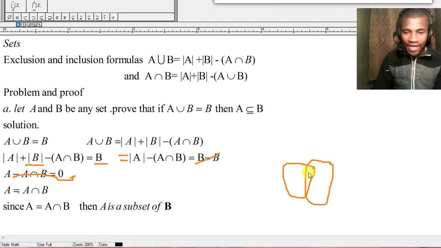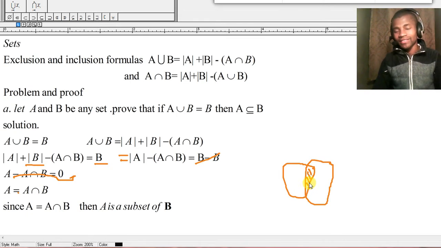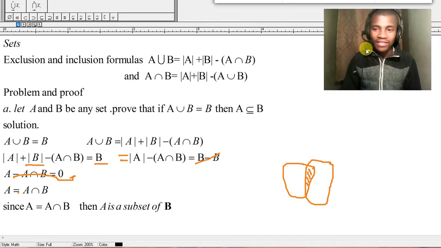So A is equal to the part appearing between the two intersections. So B, of course, can be in any other large portion. Let's say maybe this is P.